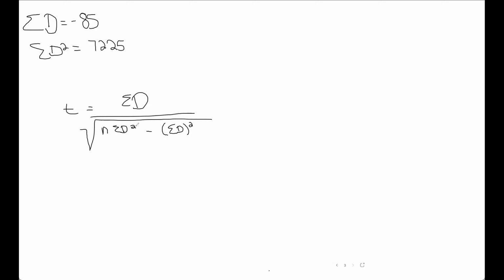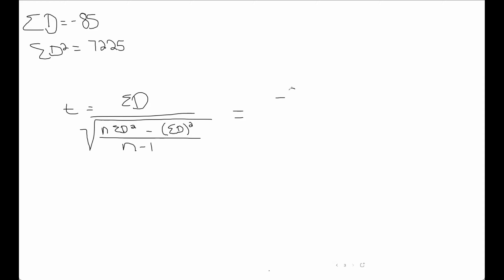So the sum of the d-scores squared, the sum of the d-scores squared. All right, so here's the formula. Now we just, as usual, get to plug in numbers.